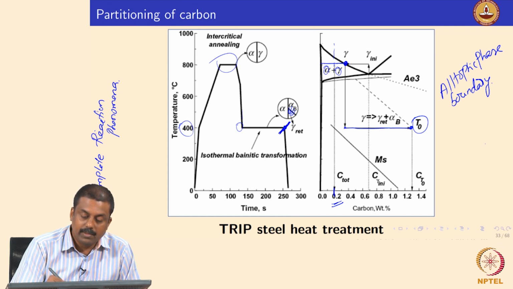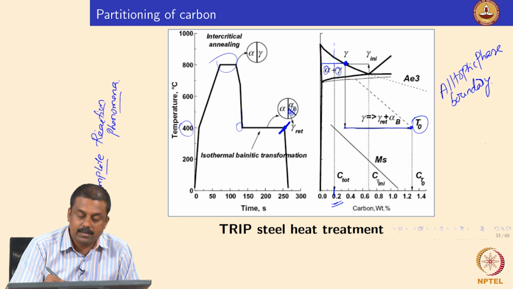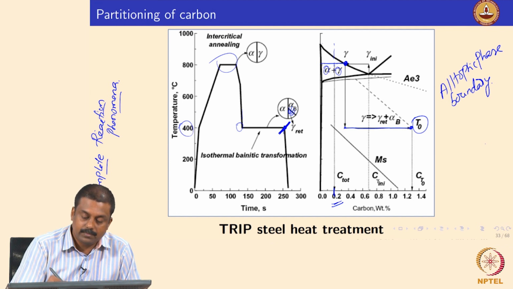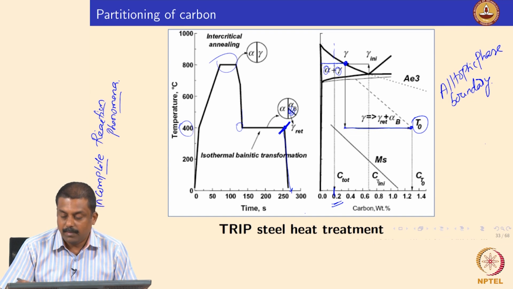So you would significantly retain the austenite because of this incomplete reaction phenomenon, driven by the enrichment of carbon in austenite through the suppression of cementite. When you cool this austenite to room temperature, you cannot transform it fully to martensite because the MF temperature is decreased below room temperature.